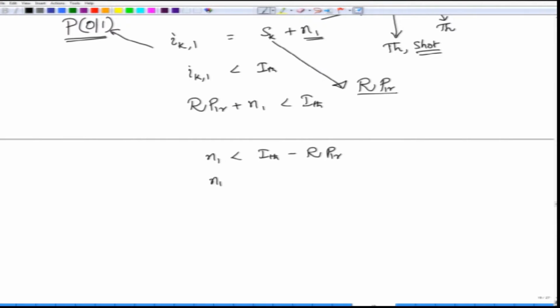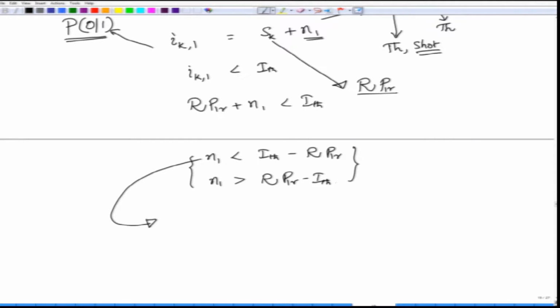So, this is equivalent to N1 being greater than R P1R minus I threshold, okay. So, when this noise process happens to be greater than this one, then you are in the situation where you are looking at the error there, okay. You can work in both domains, or both expressions, it does not really matter. For simplicity, let me take this one as an example.